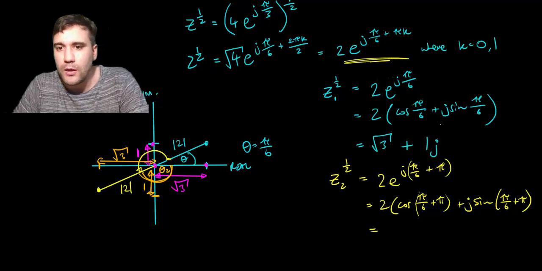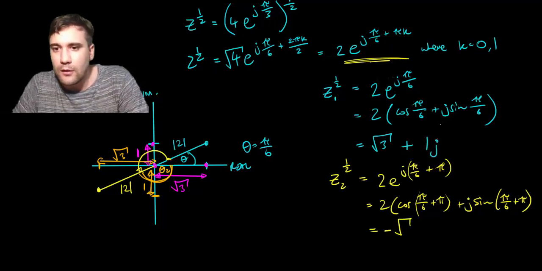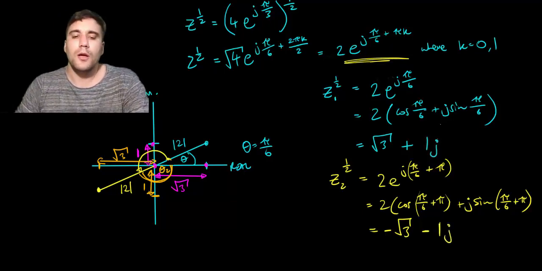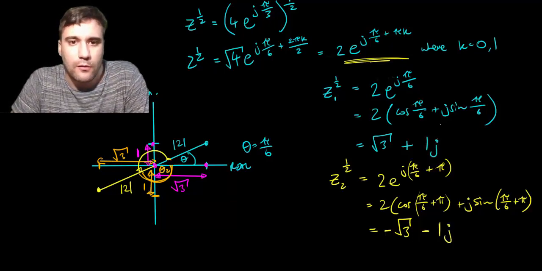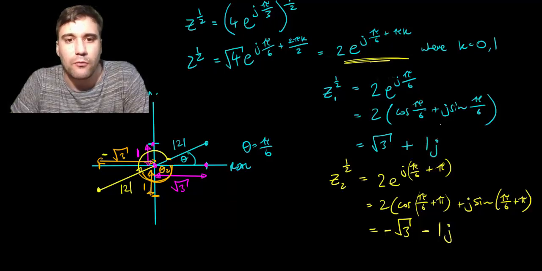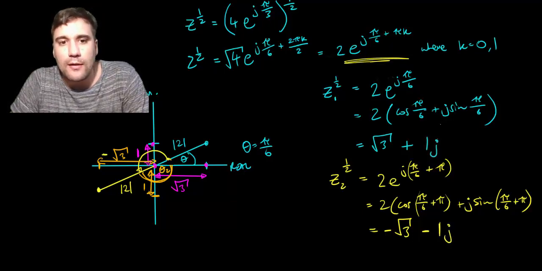So this comes out to be, you guessed it, negative root 3 minus j. So that's pretty cool, because what you can see is that this is root 3 in the negative direction, right? So we say that's negative root 3, and we're going 1 down from the 0 point on the imaginary axis, so that really is a negative 1, isn't it?